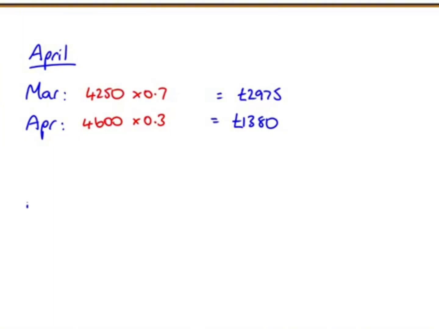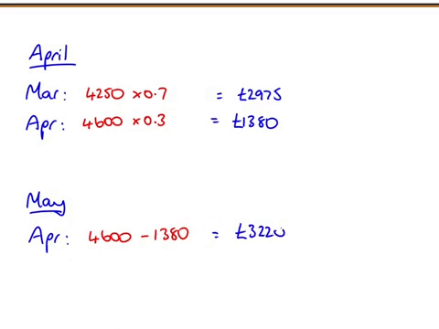Let's do May. Now in May, we're going to receive the remainder of sales from April. So we had 4,600 total sales in April. £1,380 worth of those are cash sales that we would have received in April. So we're receiving the difference in May. So we're going to receive £3,220 of April sales in May.